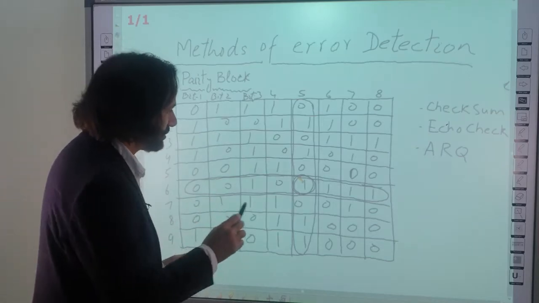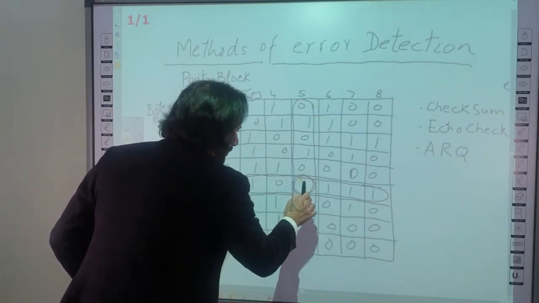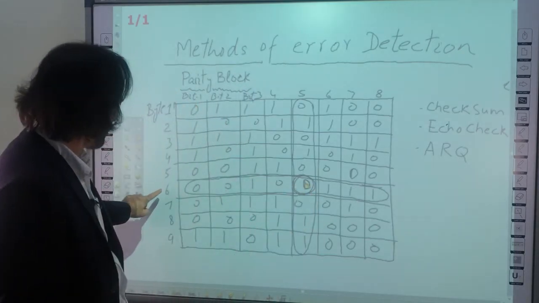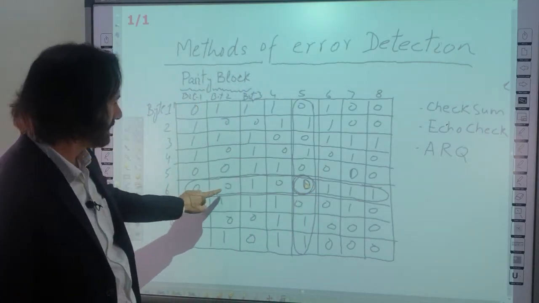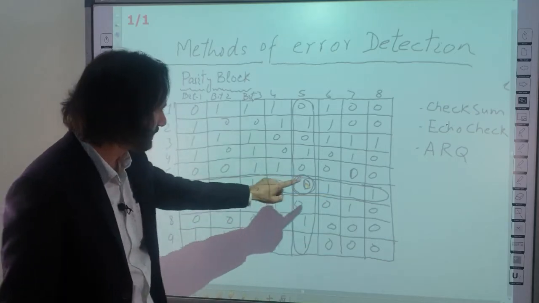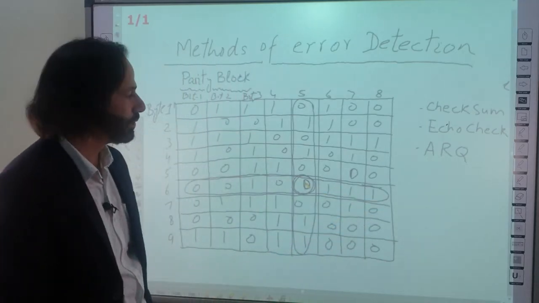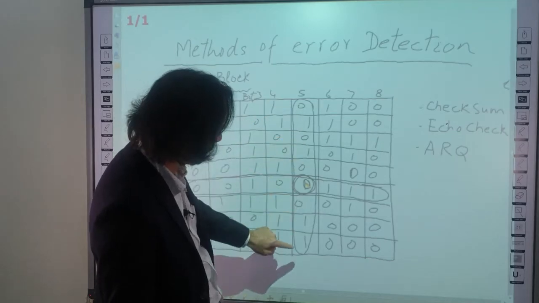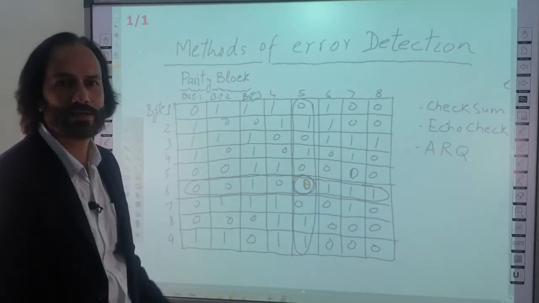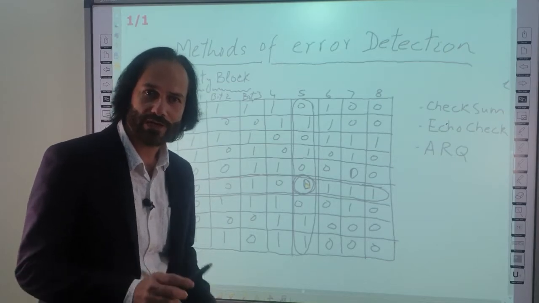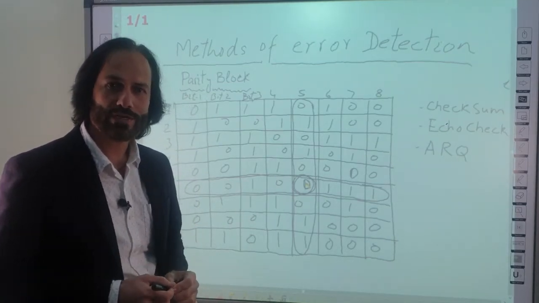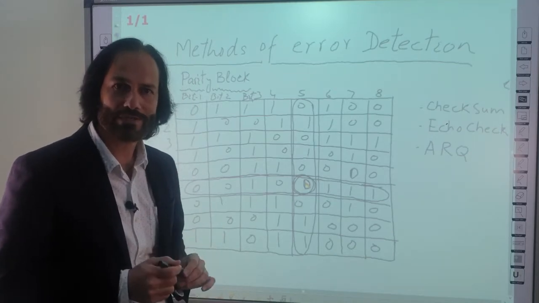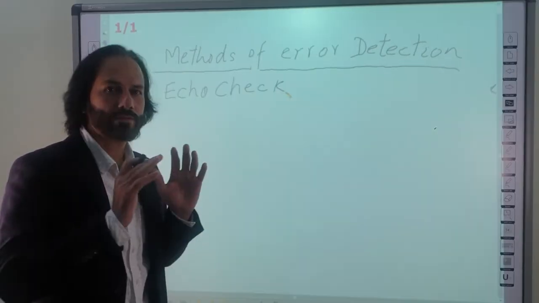If we change this bit from 1 to 0, now the parity of byte number 6 will be correct. 1, 2, 3, 4, even number of ones, and in the same way the column as well. So the whole data block is correct now. So this is how we can trace out which bit was incorrectly transmitted.